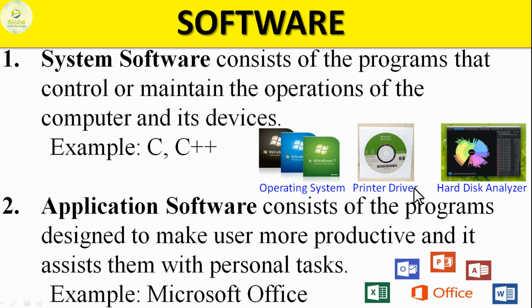That means you need to establish the connection between the computer and the printer. That needs a special kind of software we call drivers, which drive the connection between the computer and the output device, that is the printer.